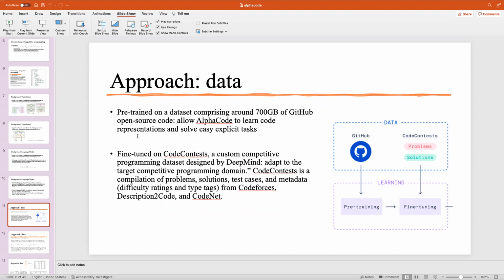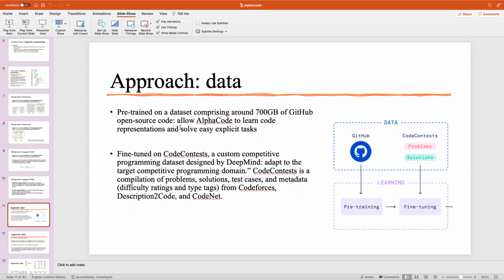For the pre-training task, the data the DeepMind team used is about 100 gigabytes of GitHub open source code. And the objective of the pre-training is to allow AlphaCode to learn code representations and solve easy explicit tasks.